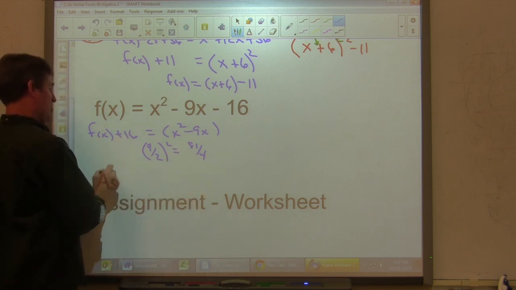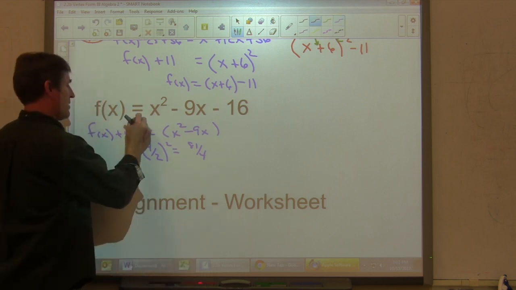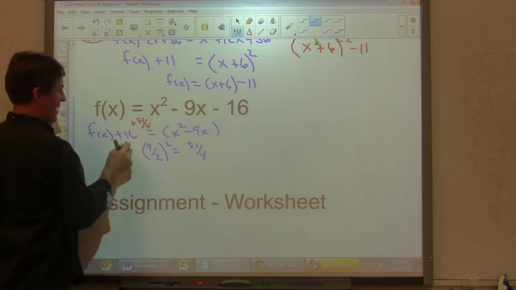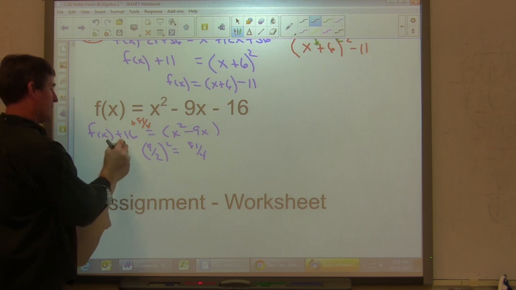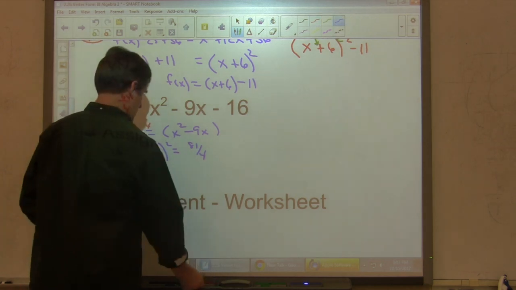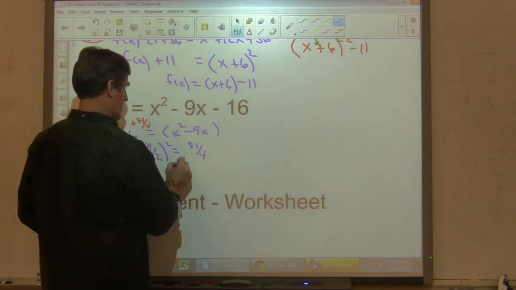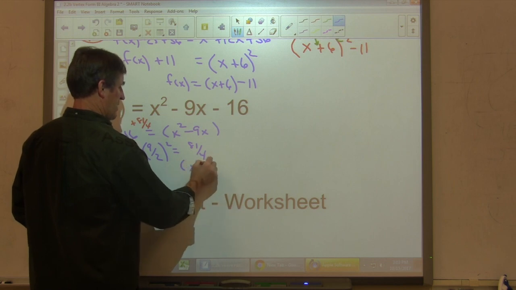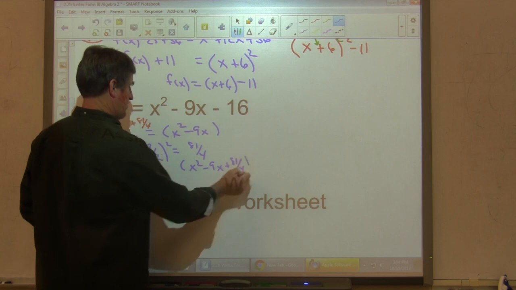I'm going to change this. So on this side, I'm going to put plus 81 fourths. And so I'm going to go ahead and change this 16 into fourths. And so that would be 64 fourths. And so now I'm going to get x squared minus 9x plus 81 fourths.